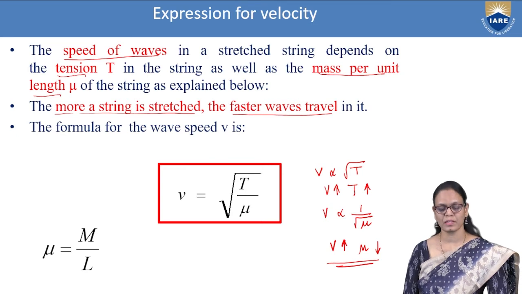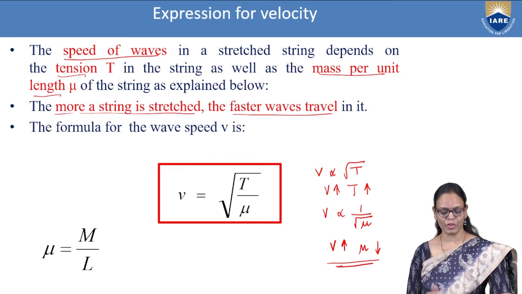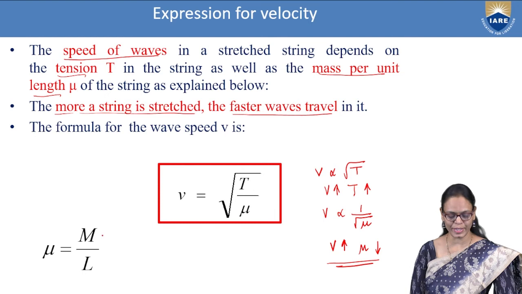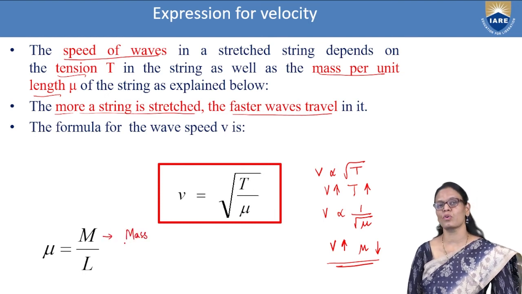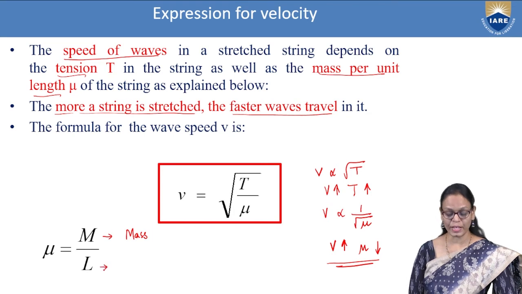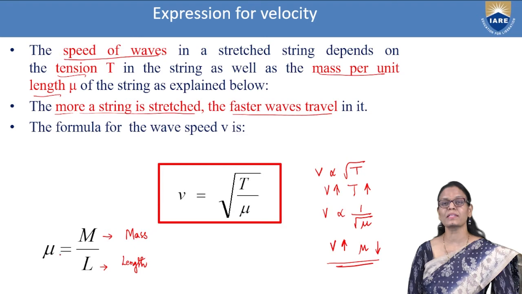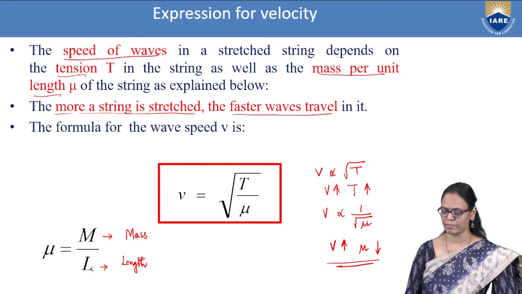Mu here represents m by L. This we have already seen. Mu is the mass per unit length, where capital M represents the total mass of the string and capital L represents the total length of the string. So mu is equal to capital M by L.